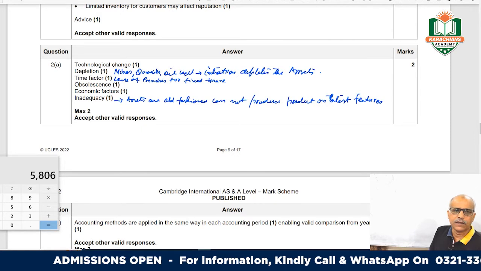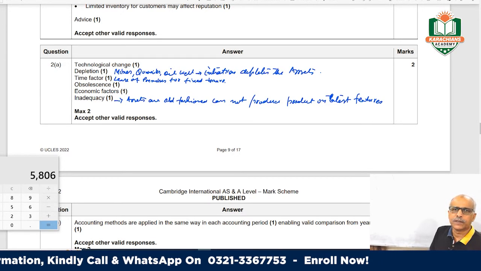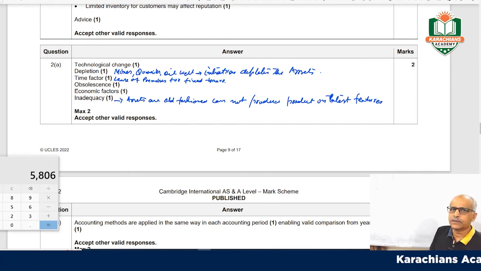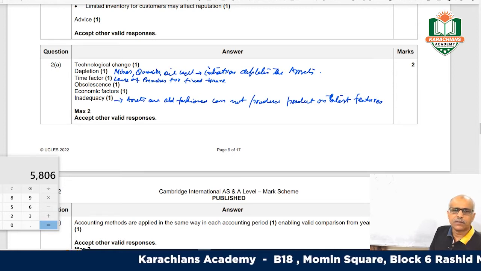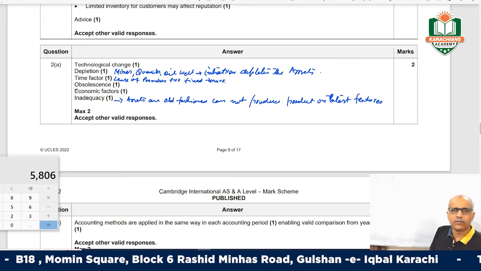Number 1, technological changes. When the technology changes, ultimately your machines become outdated and you cannot use them, so that's why, keeping in view the technological changes, you have to depreciate your machines on time, right? Depletion, another reason. Depletion like mines, quarries, and oil wells.